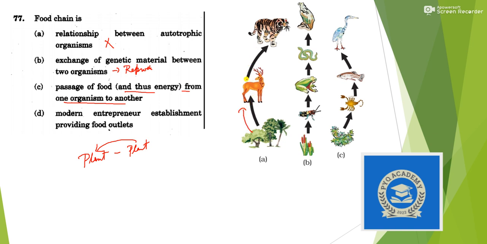Again, when the tiger eats the deer, the energy is transferred from one organism to another. So this is a correct statement for food chain. So the answer is option C. The next option, modern entrepreneur establishment food providing food outlets, is totally a rubbish option. So the answer is option C.